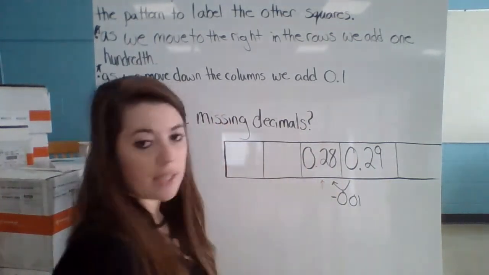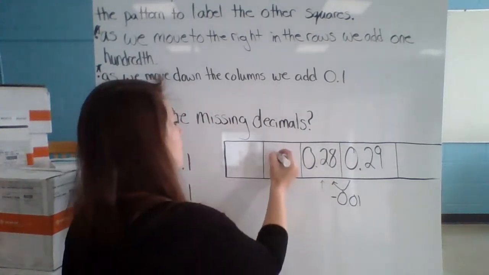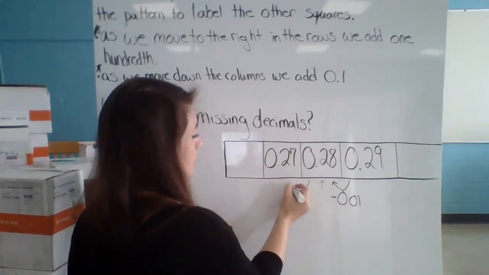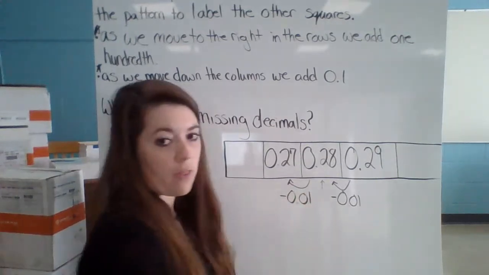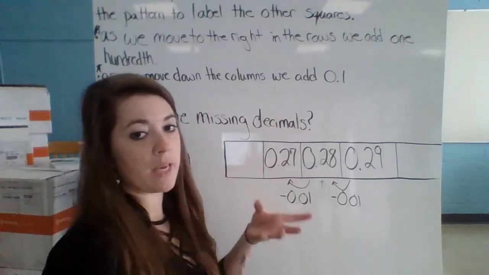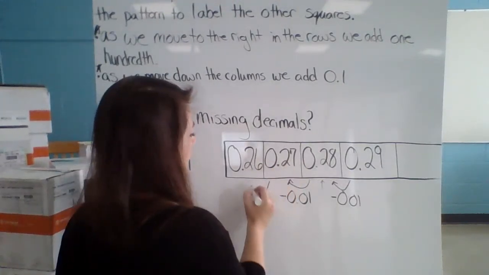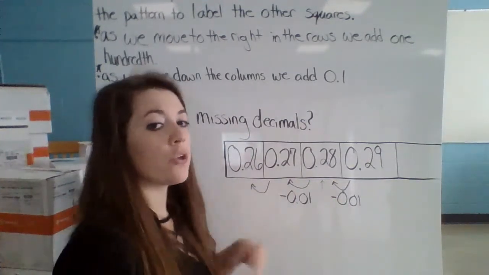So going to the left again, what should be in front of 28 hundredths? 27 hundredths. So once again, we subtracted our 100th. And the first box then should be 26 hundredths. So be super careful and always remember that if we go to the left, you have to subtract.